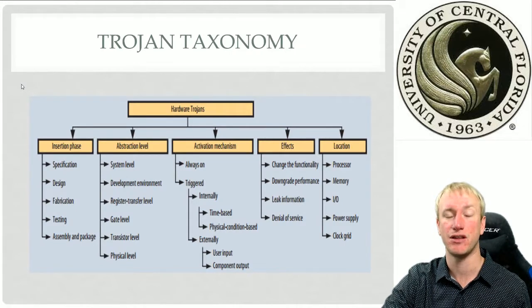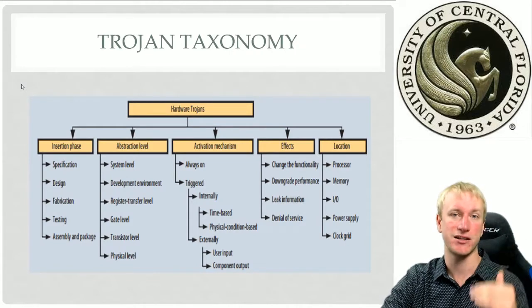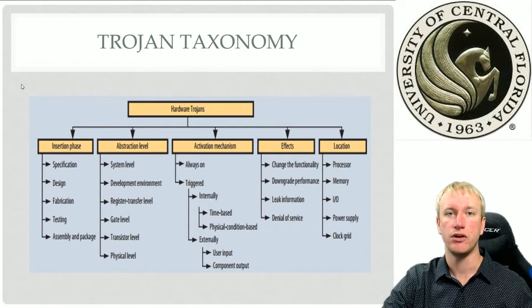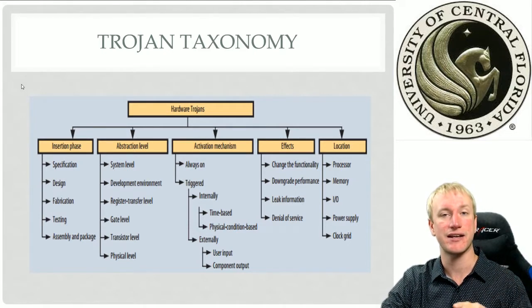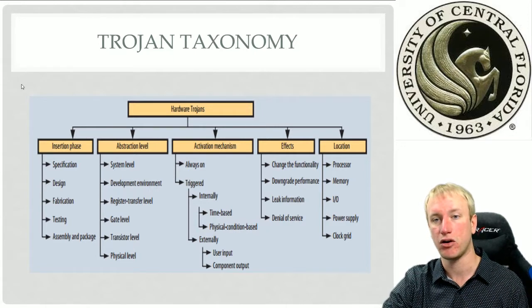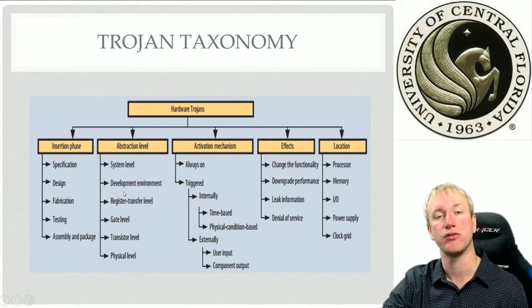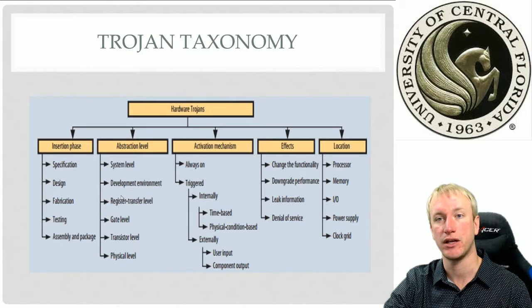A lot of papers have put together a lot of work into putting together a full taxonomy, or a list, of all the theoretical and known points of attacks that have been made and could be made on hardware, including the triggers, the payloads or the effects, locations, and the different levels and degrees to which those hardware Trojans can play a role.